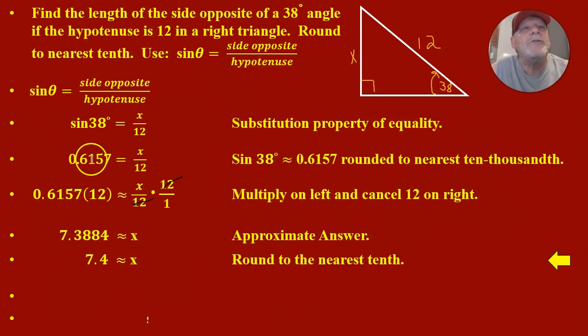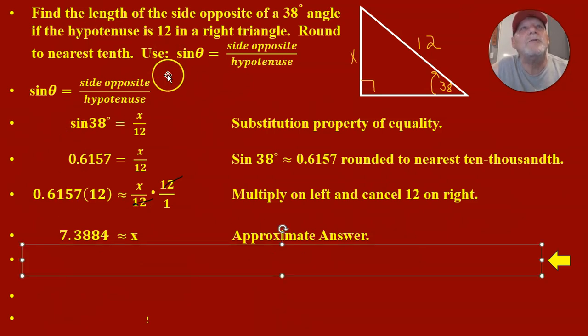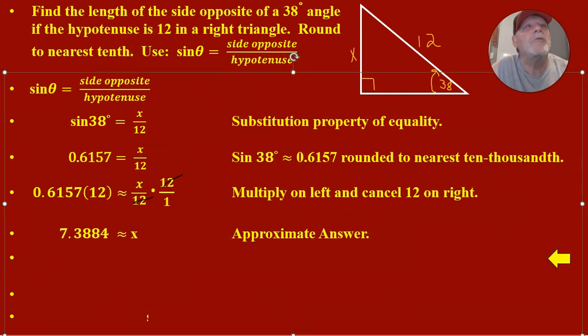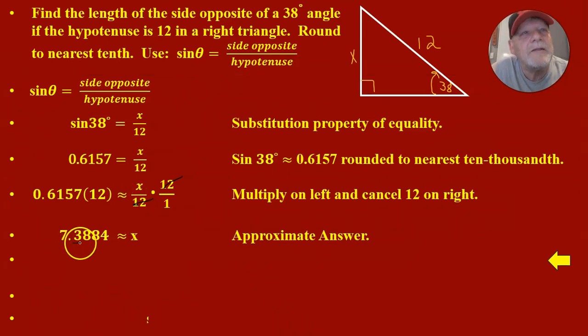And when we round to the nearest tenth, which is what it says to do up here, let's just mark our screen and show you how you do that. So I underline my tenth digit, which is that 3. Then I look to the right, and the digit to the right is an 8. If it's 5 or greater, you're going to round the 3 up.